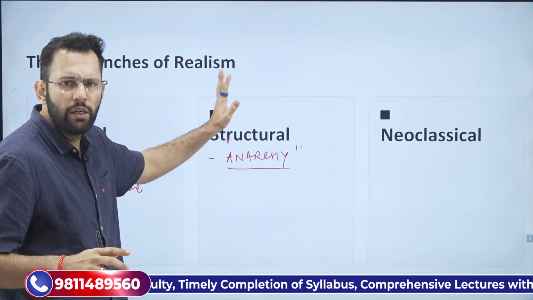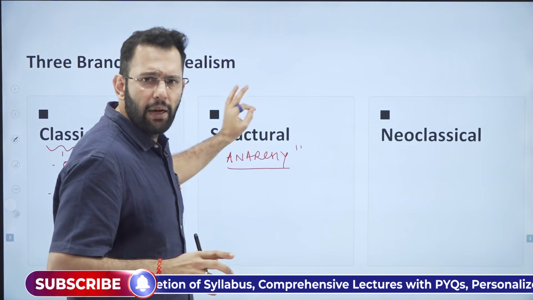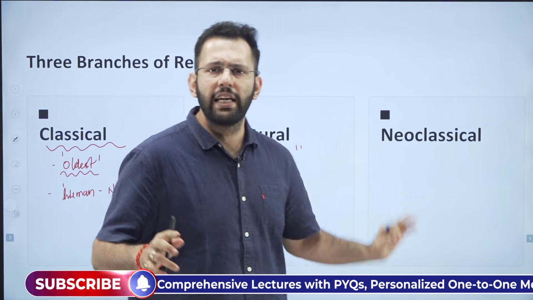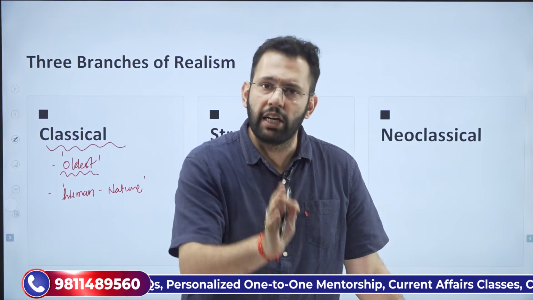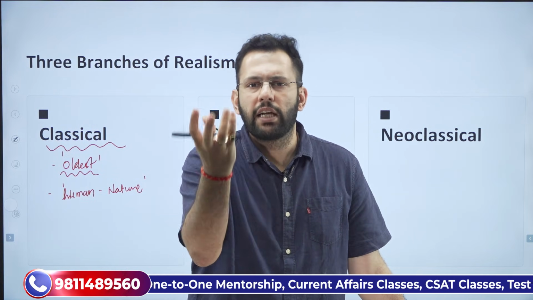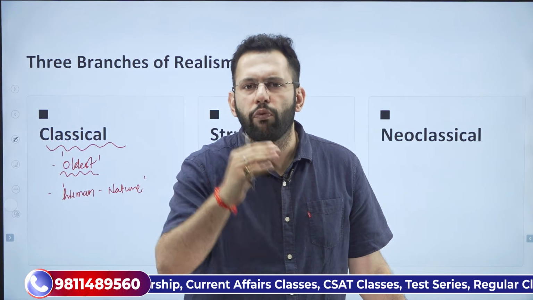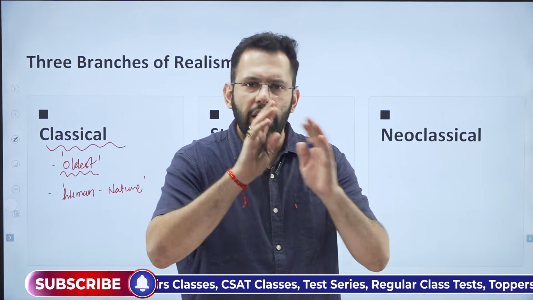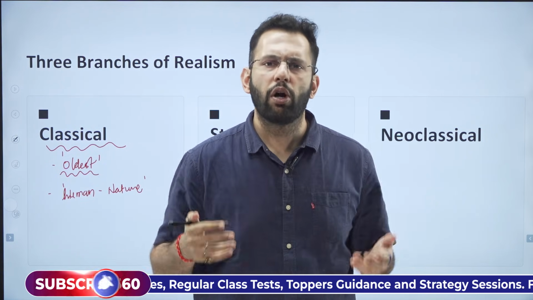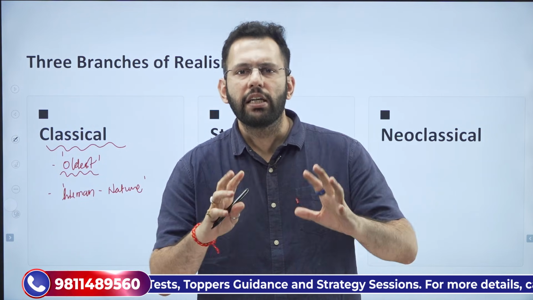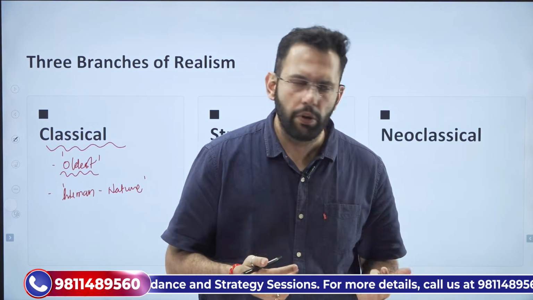They shun the human nature argument given by the classical realists altogether. Structural realists say that it has nothing to do with human nature but with the structure. The structure of the world is anarchical, hence the countries go for conflict with each other. If the structure were not anarchical, if the structure were rule bound, the countries would not have gone for conflict. But every country is a power maximizer, that is why they are going.